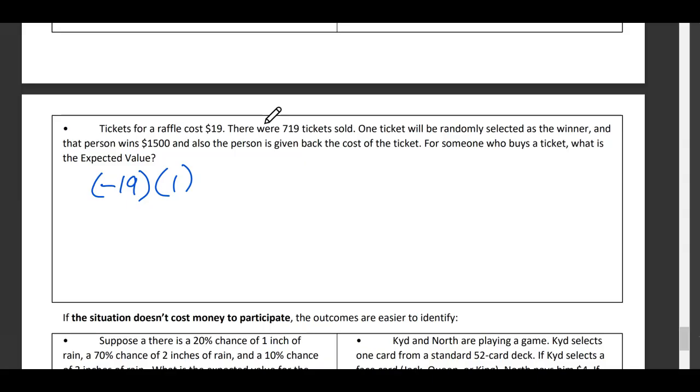So, guaranteed losing $19. Now there happens to be a chance, a 1 out of 719 chance, that I earn $1,500 plus my ticket money back. So I would earn $1,519.